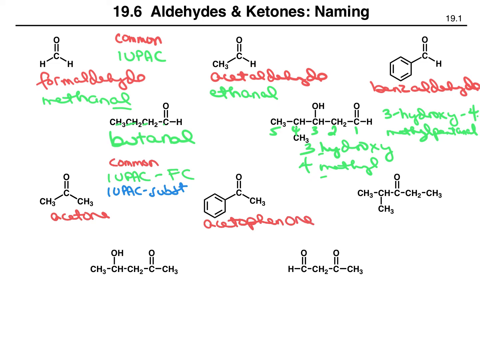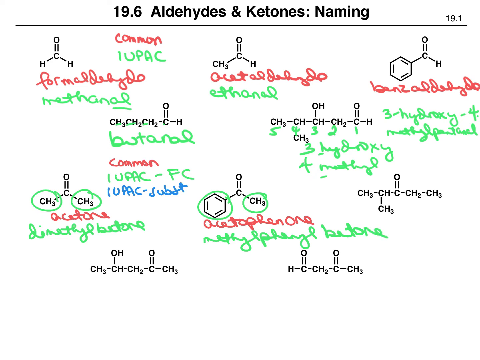For the functional class name, we are naming the alkyl groups and then specifying that it's a ketone in between them. So this is a methyl group and this is a methyl group. So this is dimethyl ketone. Here we would name the two groups, and so then we list them alphabetically. So this would be methyl phenyl ketone.